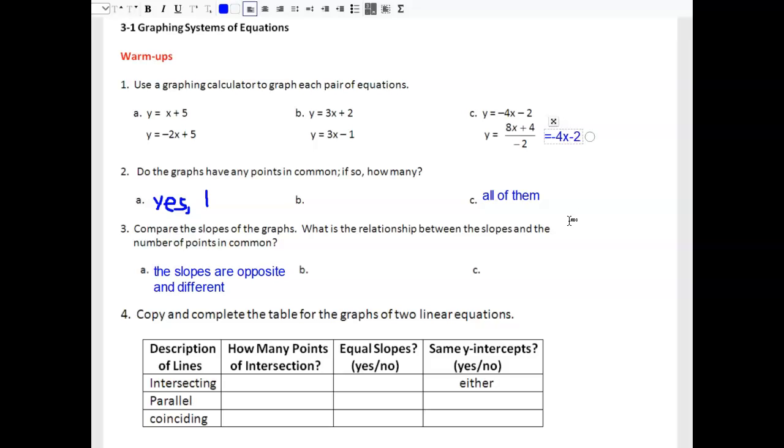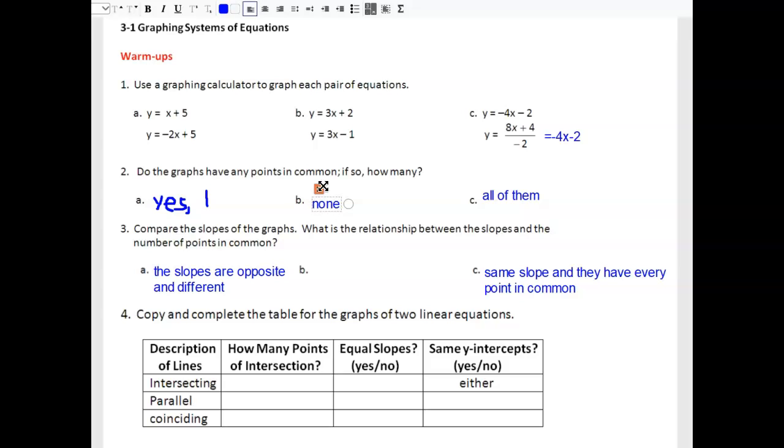So the slopes are the same, and they have every point in common. That ultimately leads us to the table down below. It says describe the 3 types of lines, how many points they have in common, and if their slopes are equal or different.